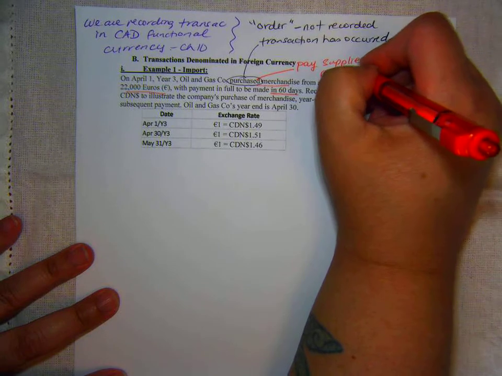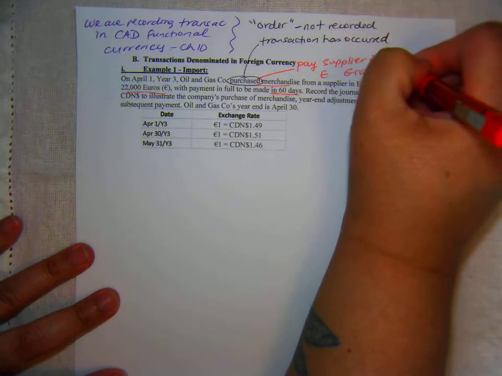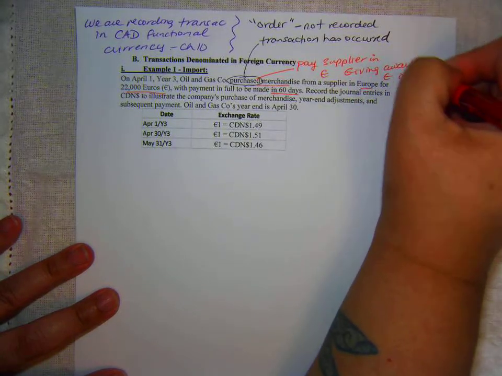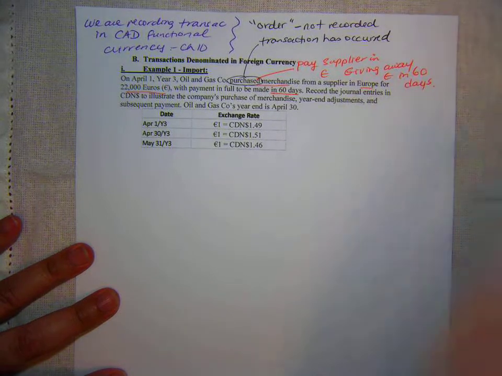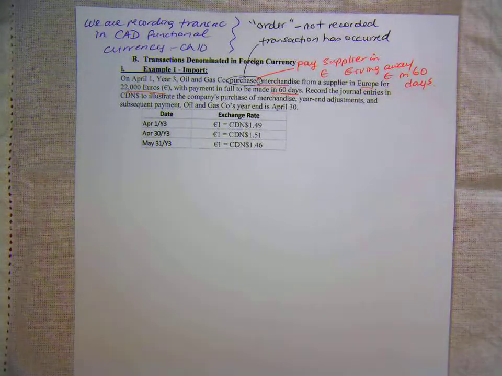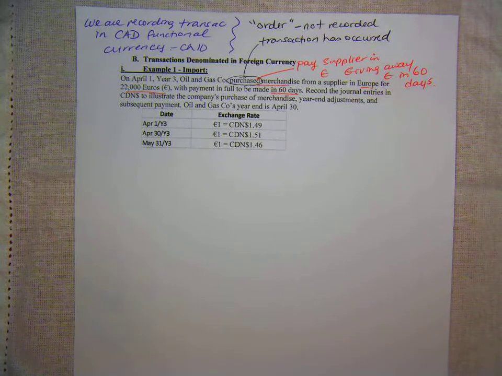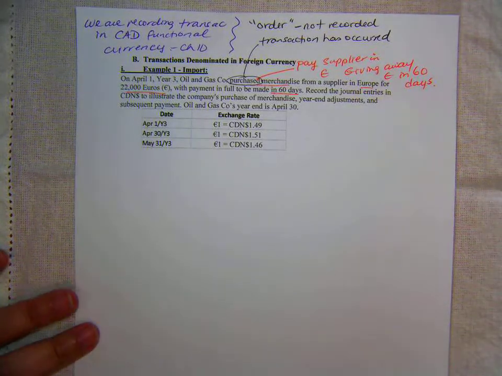So we're giving away euros in 60 days. Okay? It's really important with these that you know whether you're giving away euros or you're getting euros or whatever currency we're in. So be careful with that.